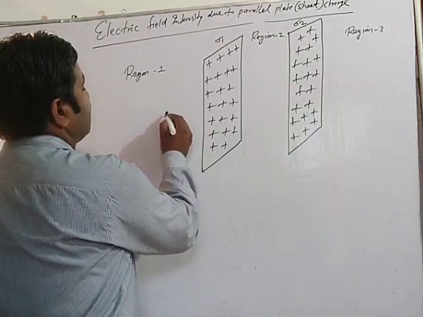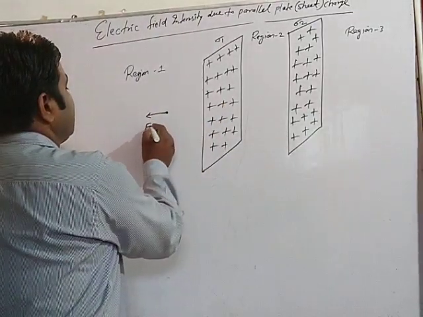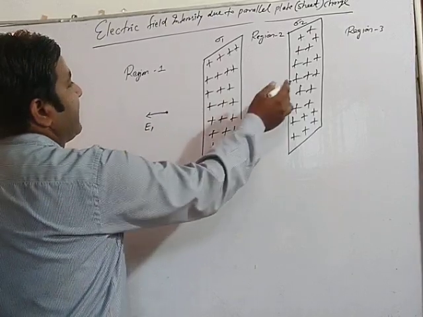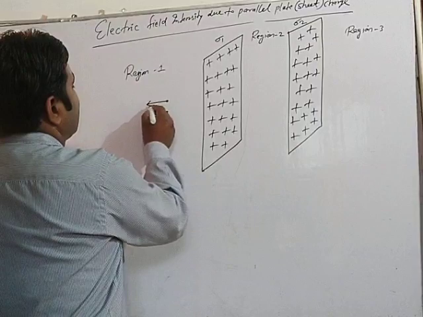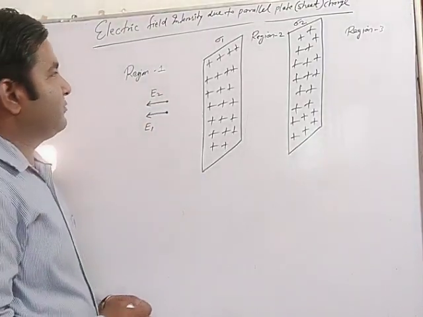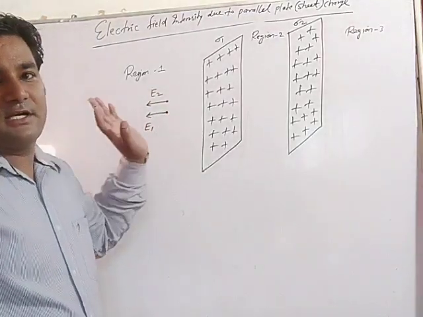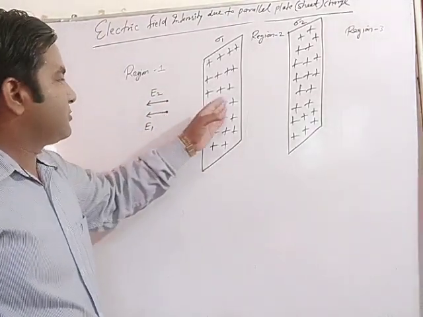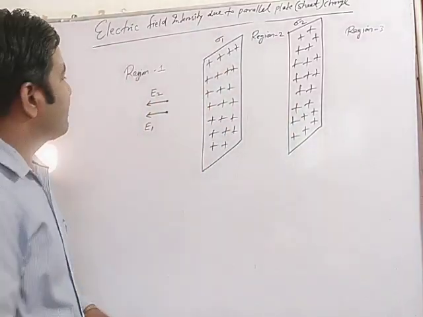Suppose in this region the electric field intensity due to this sheet is E1, and due to this sheet also in the same direction, because the field at any point is taken due to a positive test charge. With a positive test charge, this one positive and this one positive, the nature is repelling, so the field is away from the sheets.